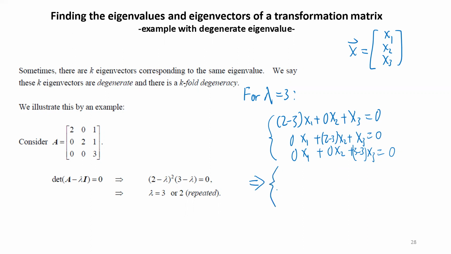The first one gives minus x1 plus x3 equals 0, and the second one gives minus x2 plus x3 equals 0. The last one is just 0 equals 0.